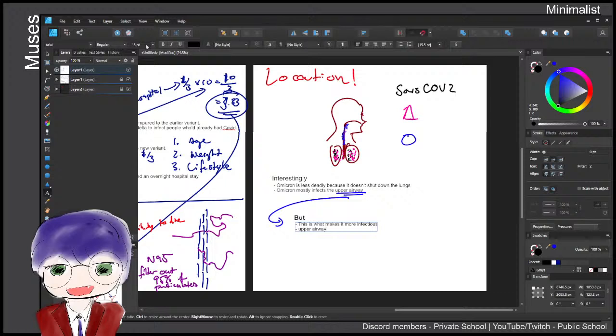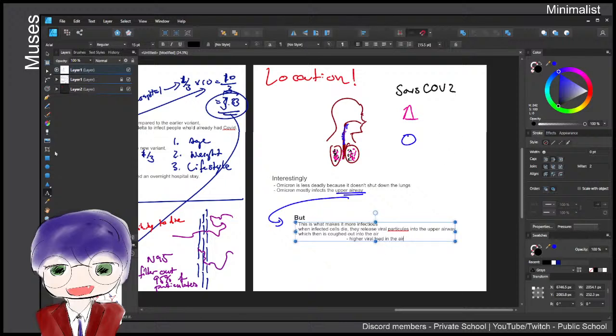Upper airway. So when infected cells die, they release viral particles into the upper airway, which then is coughed out into the air, which means higher viral load in the air, right?